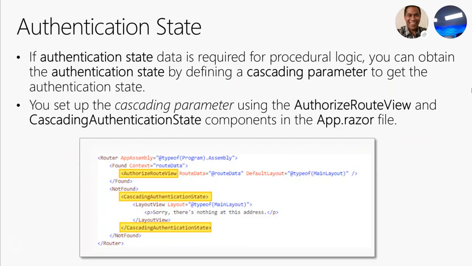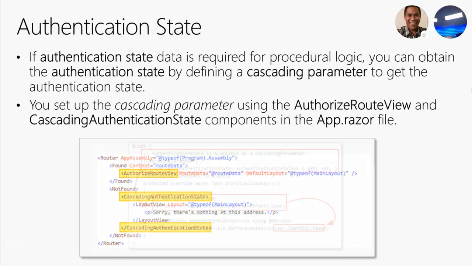A couple more things on authentication state. So you'll first want to set it up in your app Razor file using authorized route view or wrapping the code in cascading authentication state like you see in the image below.